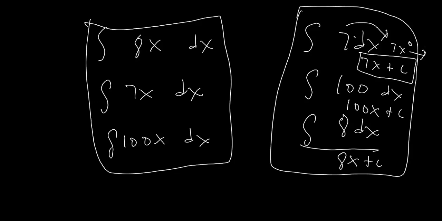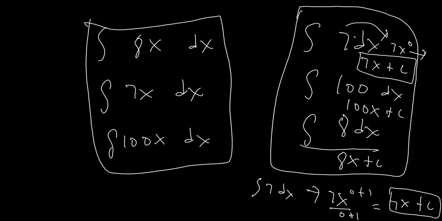And if you were to take the integral of 7 the old-fashioned way, and just actually write x like this, and then you add 1 and 0, it gives you 7x plus c. You'd see that the way of just adding x and then plus c works, according to this proven theorem right here. So yeah, that's just a shortcut for constants.